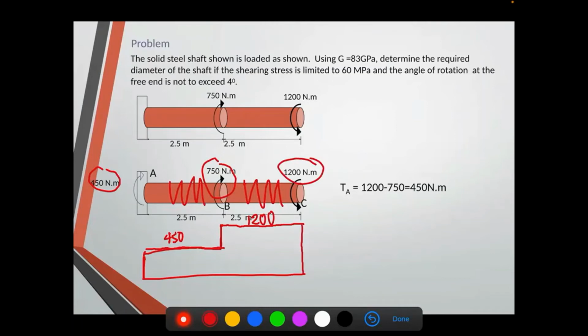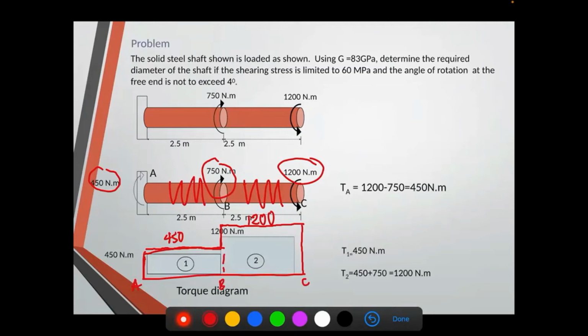This is the visual representation of the torsion present on this circular shaft. So 450 for A to B, and 1,200 for B to C. You may draw the torsion diagram like this, or you may also write it like this.